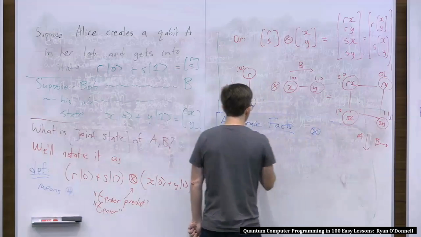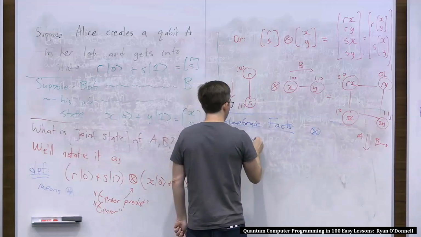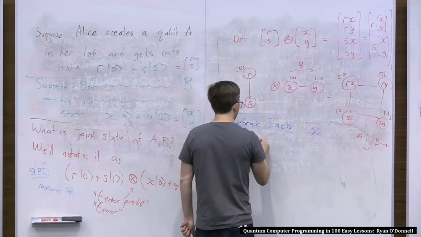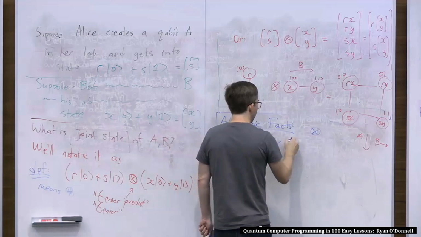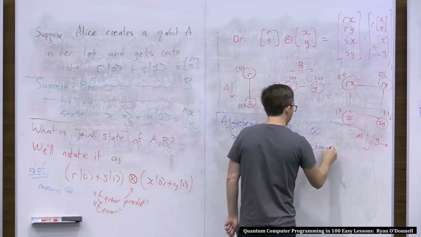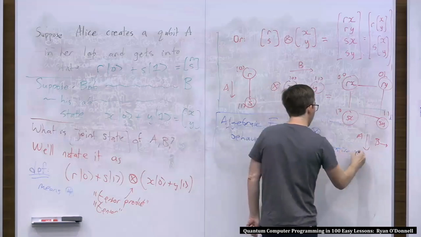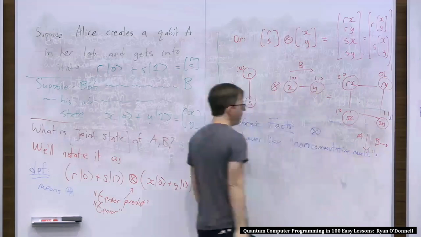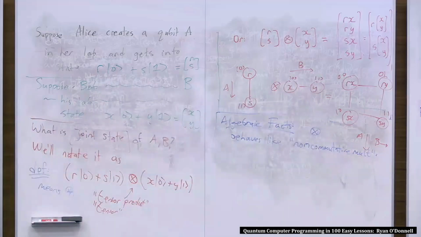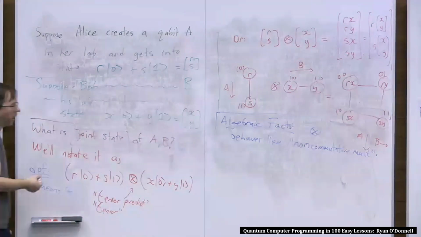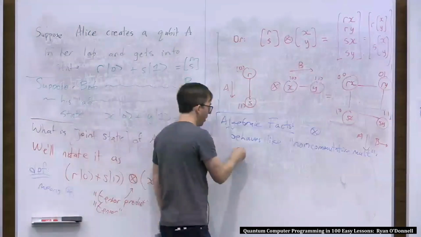The summary is this symbol behaves like non-commutative multiplication. By which I basically mean if you pretend it's multiplication in this context and apply a few additional rules, then it all works out.